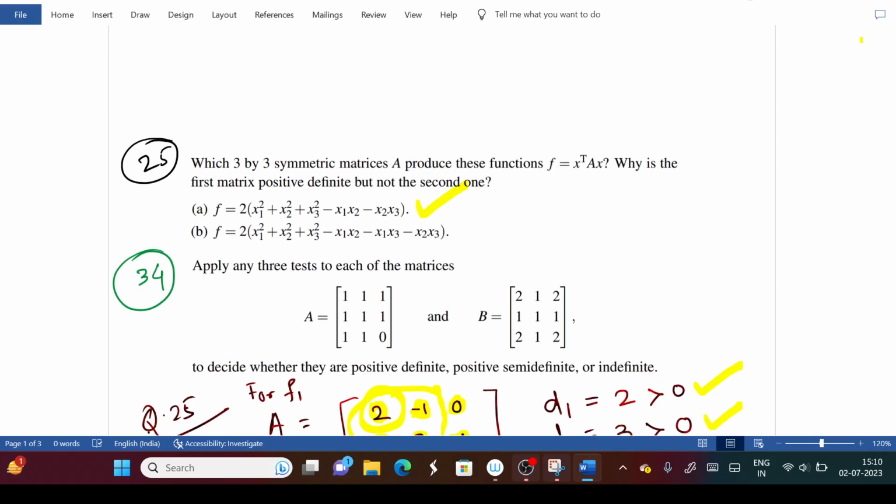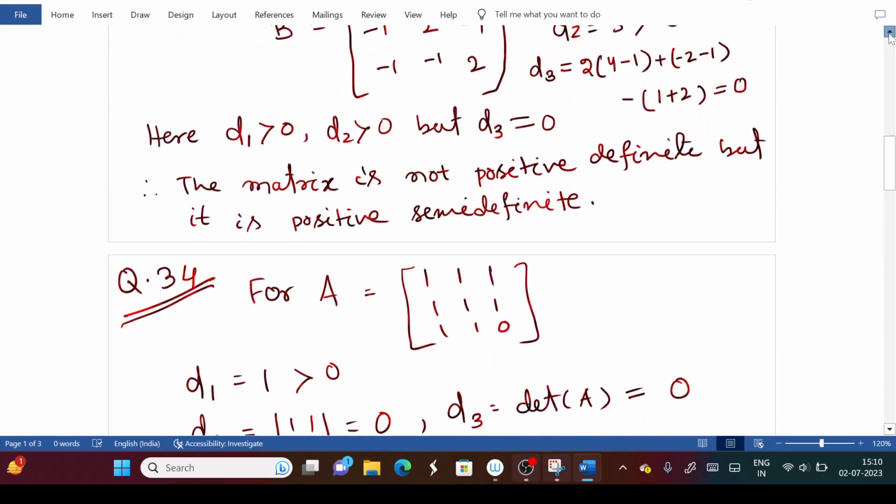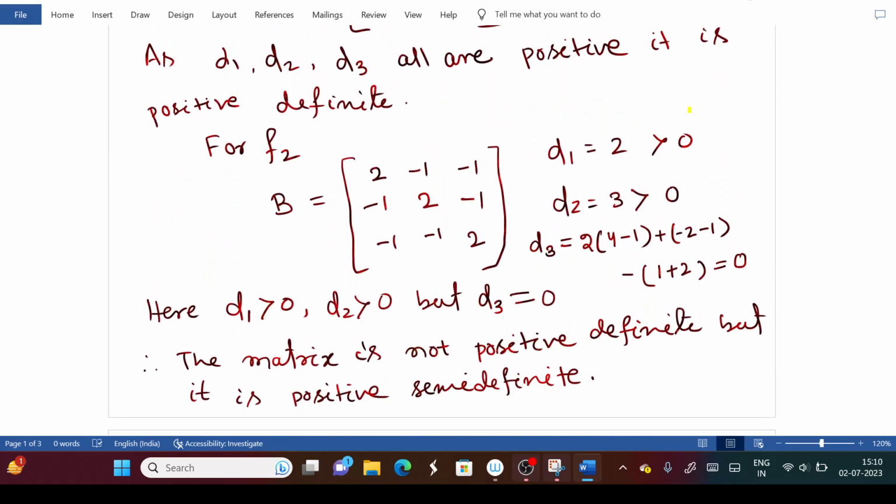Next, the second matrix for the second question. Here everything remains the same, just in the 1, 3 and 3, 1 positions, the zeros will be replaced by ones. So here these are the diagonal elements, everything remains the same.